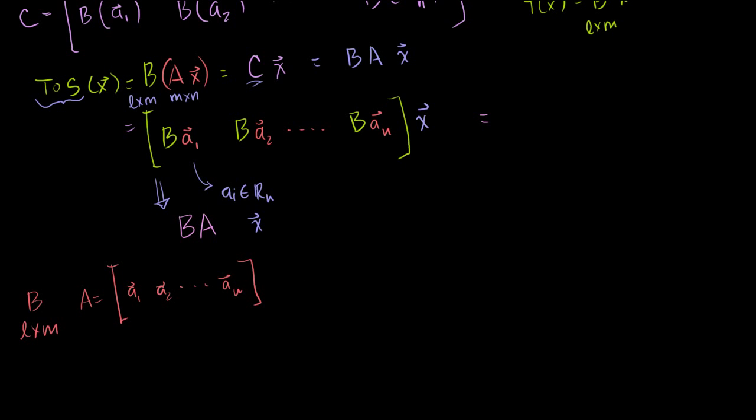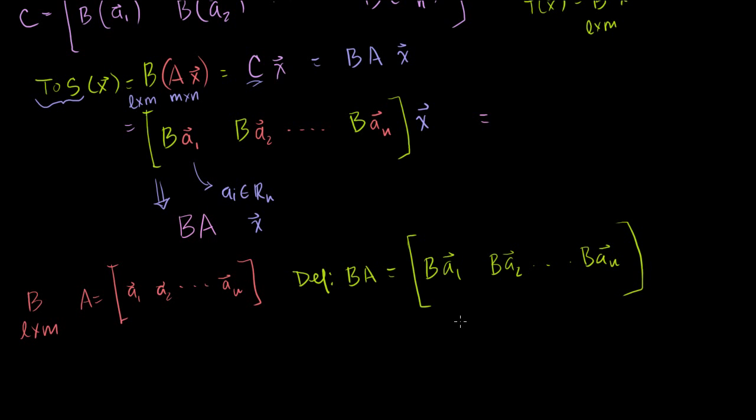This is a definition. We define the product BA as being equal to the matrix B times each of the column vectors of A. So B times A1 is going to be its first column, then B times A2, all the way to B times AN.